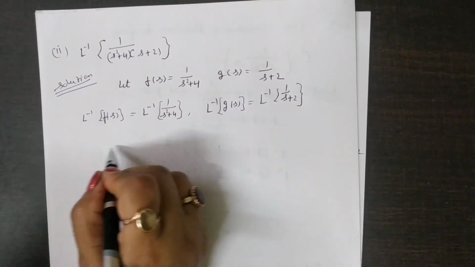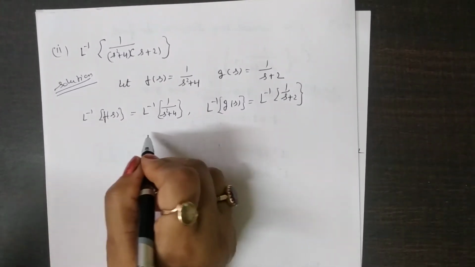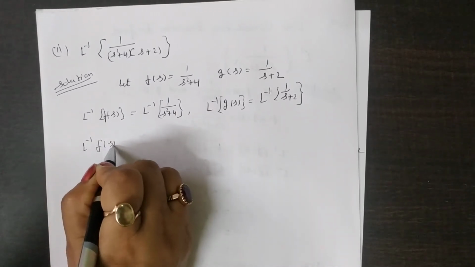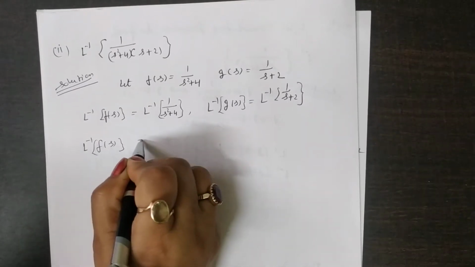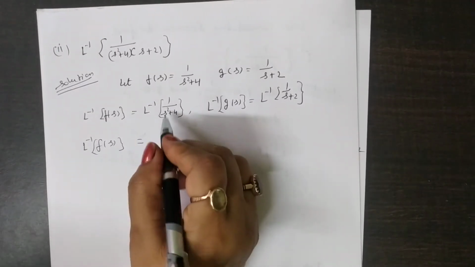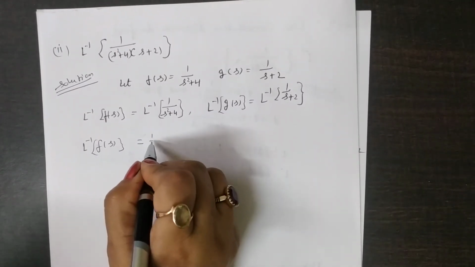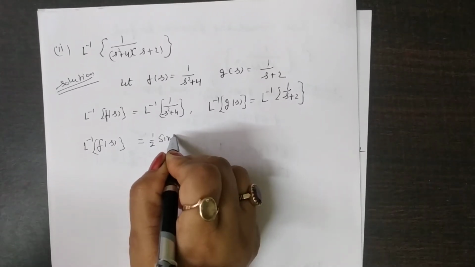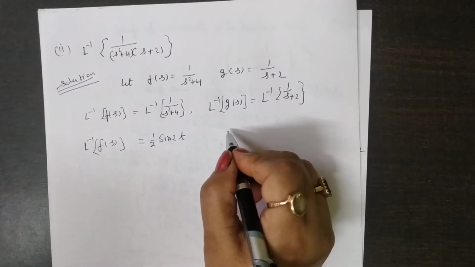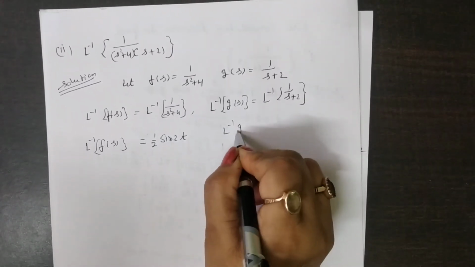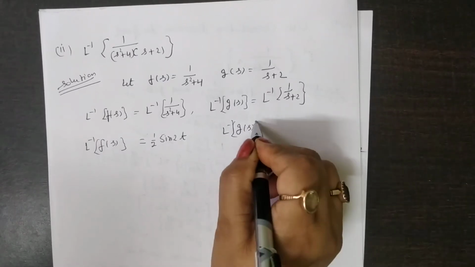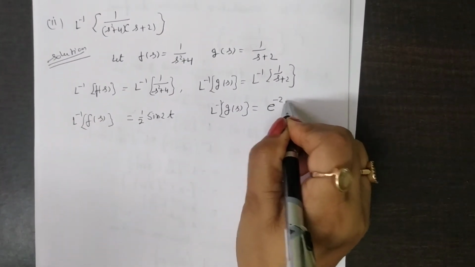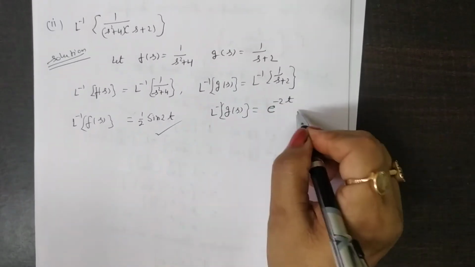Laplace inverse of F of s, you get this one, which is equal to 1 by 2 sine 2t. And also Laplace inverse of G of s, you again get e to the power minus 2t. You get all these terms.